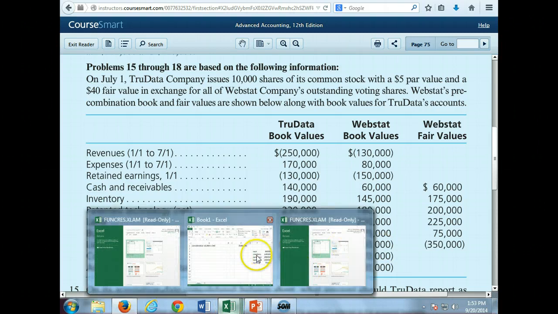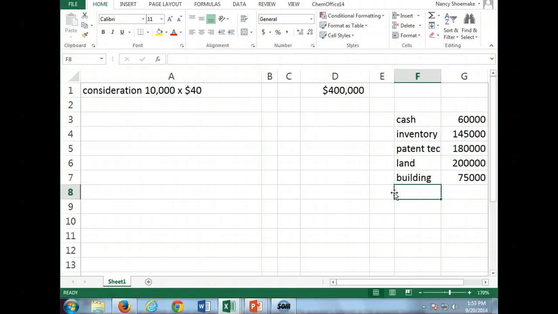The liability we're assuming is minus 360. So the book value of the net assets is going to be 300,000.